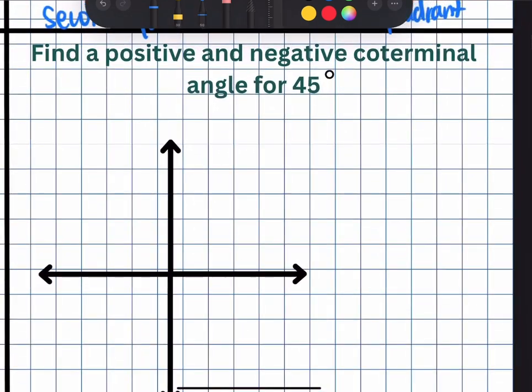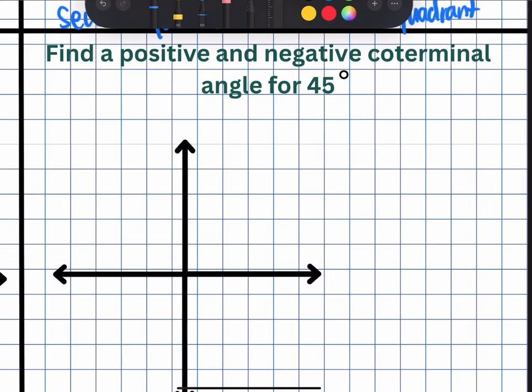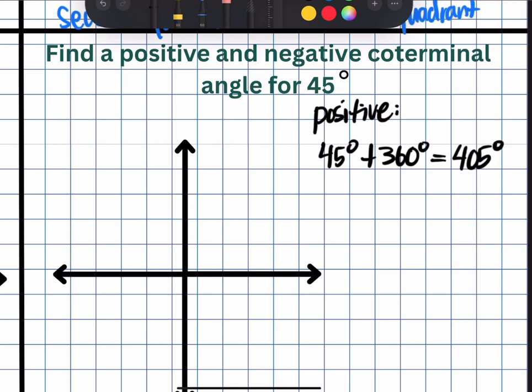Okay. For this example, I need to find a positive and negative coterminal angle for 45 degrees. So to find my positive coterminal angle, I'm going to take 45 degrees and add 360. And I'm going to get 405.